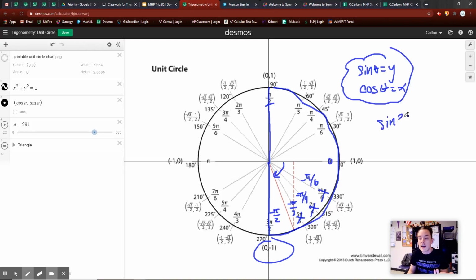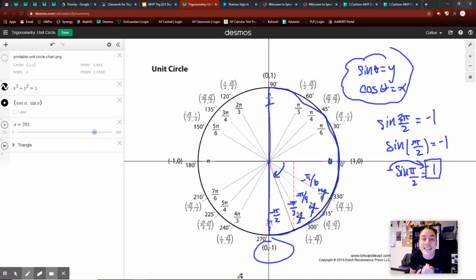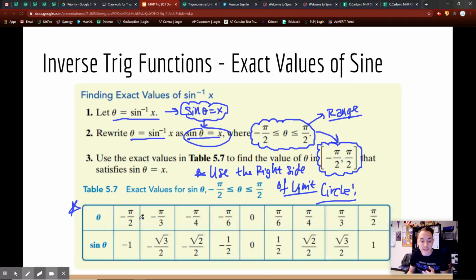Sine of 3 pi over 2 equals negative 1, and sine of negative pi over 2 equals negative 1. You know why? Because sine is an odd function. That negative pops out, so you have sine of pi over 2 equals 1, but since it's a negative, it pops out to make it negative 1. So sine of 3 pi over 2 is the exact same thing as sine of negative pi over 2, which is exactly what we have here.